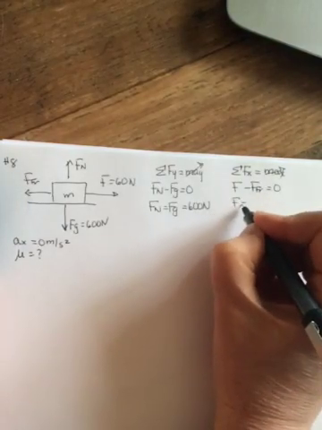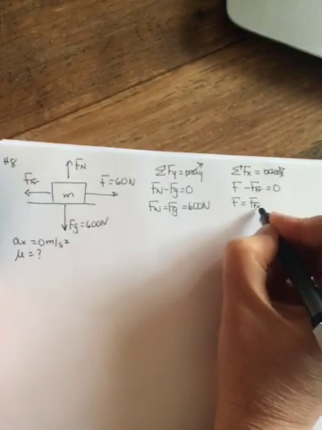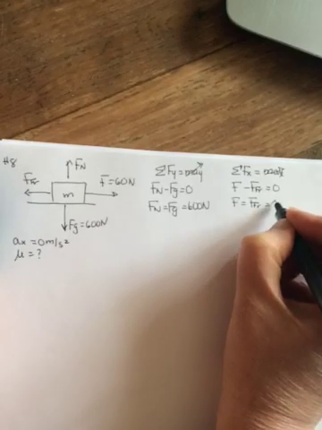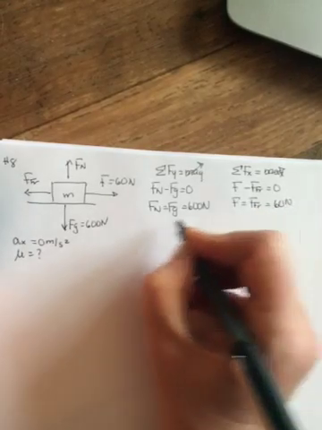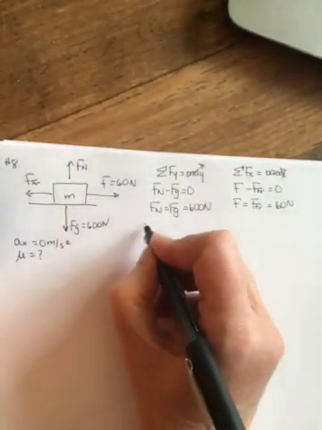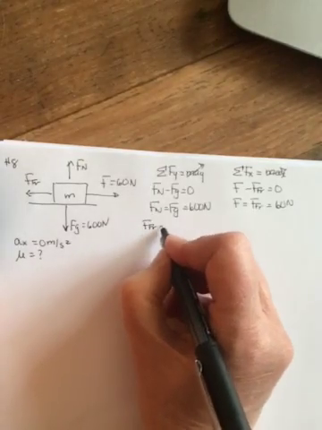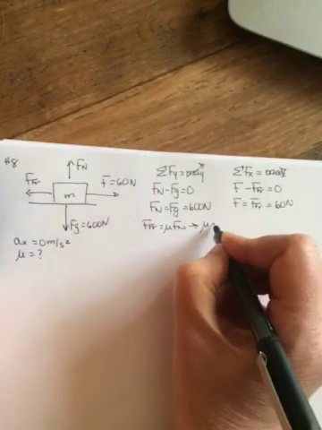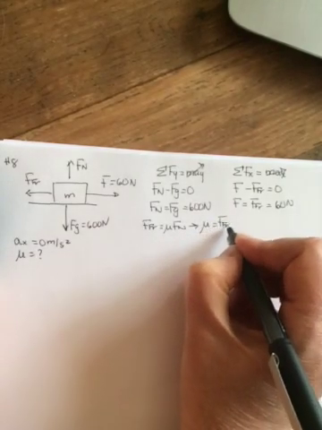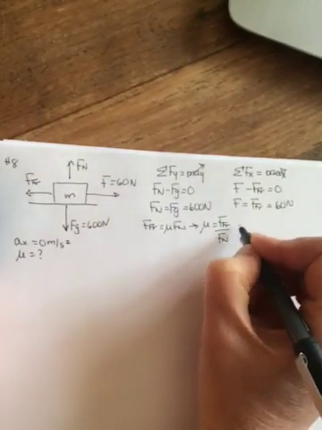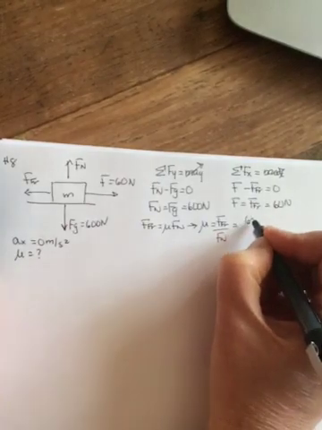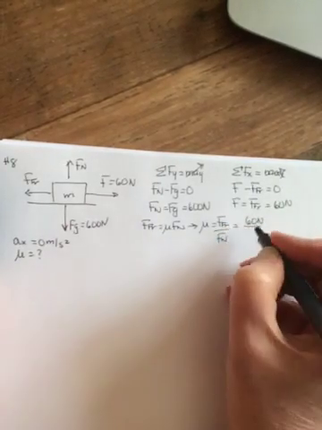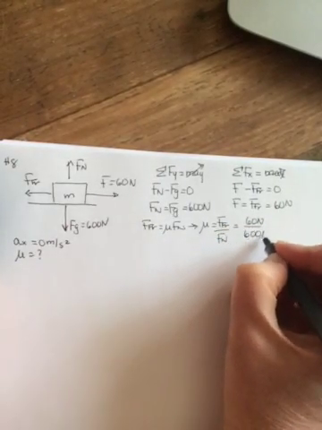In other words, the force you're pushing with equals friction equals 60 newtons. So you have Fn and you have FFR. So FFR equals mu Fn. So mu is equal to friction over Fn. So friction is 60 newtons over Fn, which is 600 newtons.